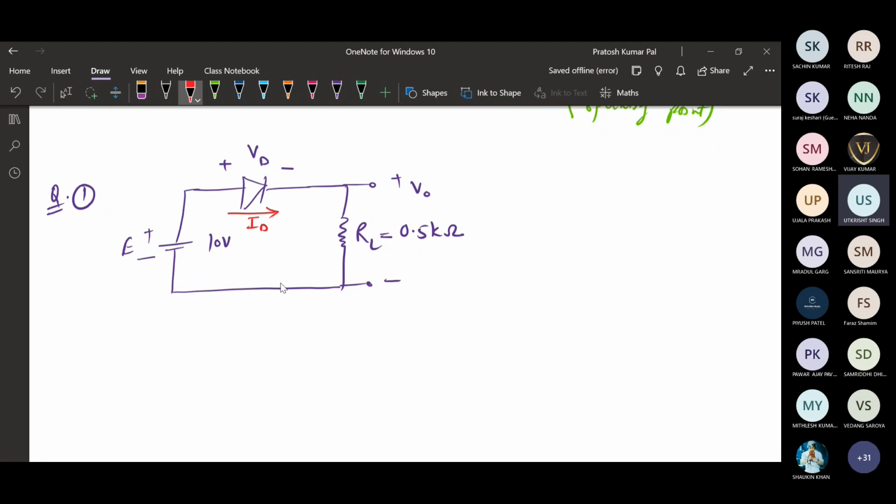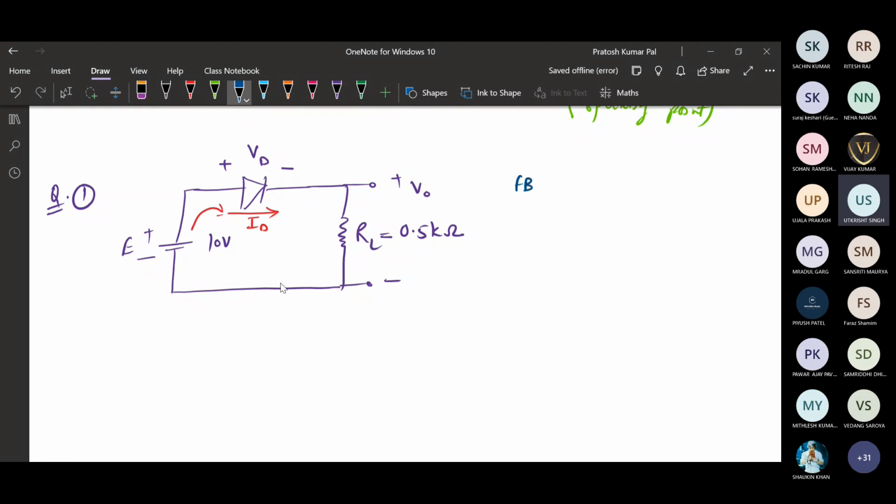If this conventional current direction is the same as that of whatever source we are applying, here the E source of 10 volt is being applied, so this is positive and this is negative, and because of this source the current should be flowing in this direction only. This direction of current is the same direction as indicated by the diode current. Okay, that means the current flowing through the applied external voltage source will be in the same direction, so this diode will be considered to be forward biased.